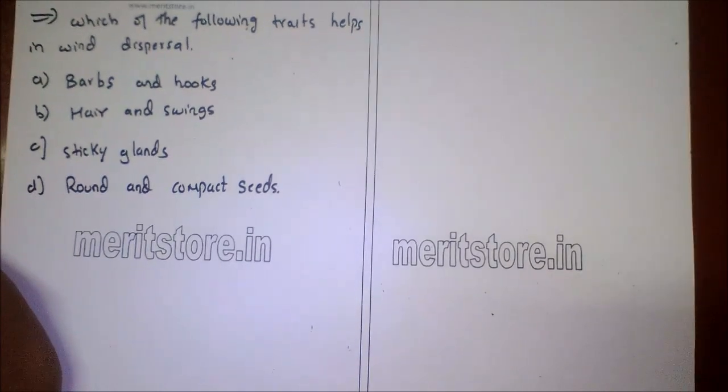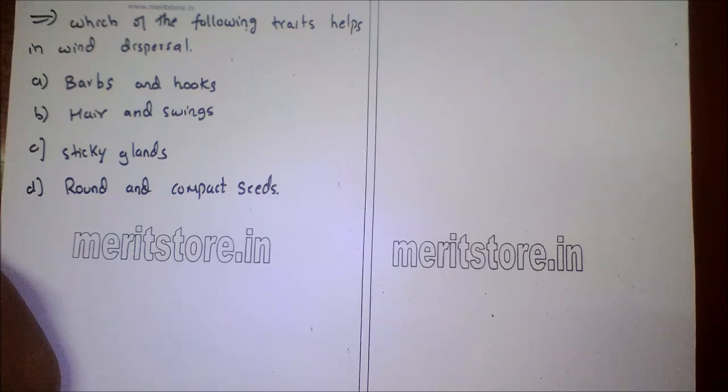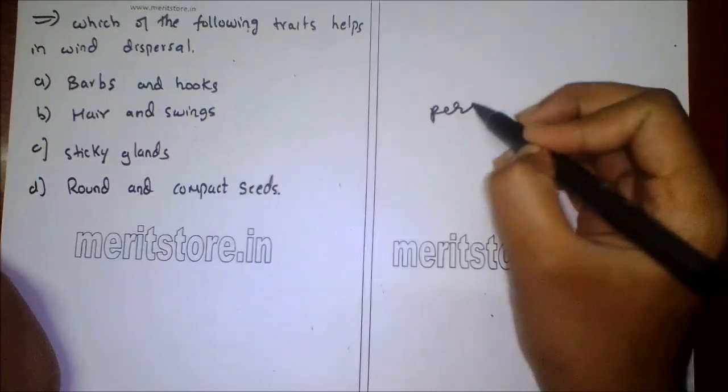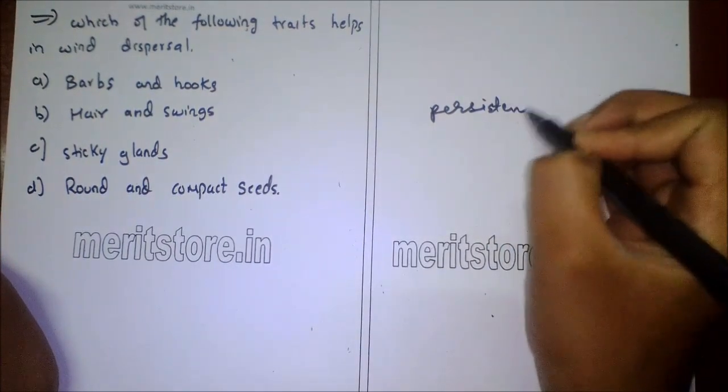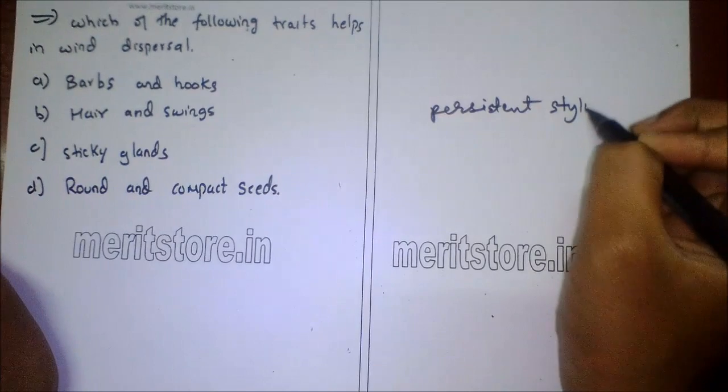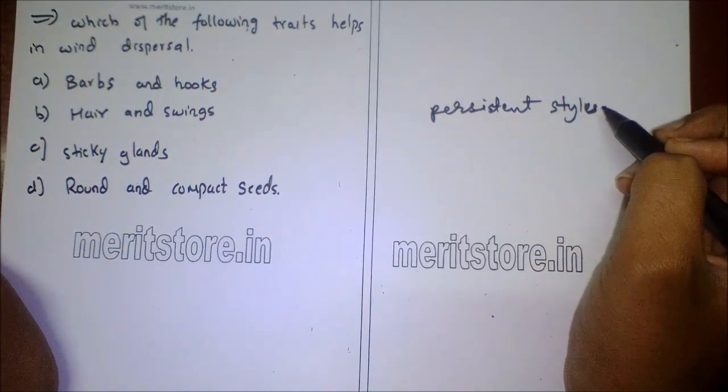Which of the following helps in wind dispersal? A. Barbs and hooks, B. Air and wings, C. Sticky glands, D. Round and compact seeds. Certain plants have persistent styles of the achenes.